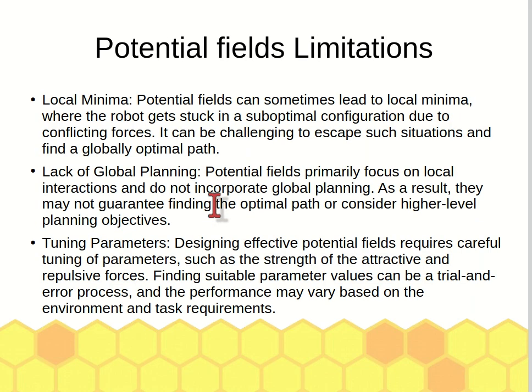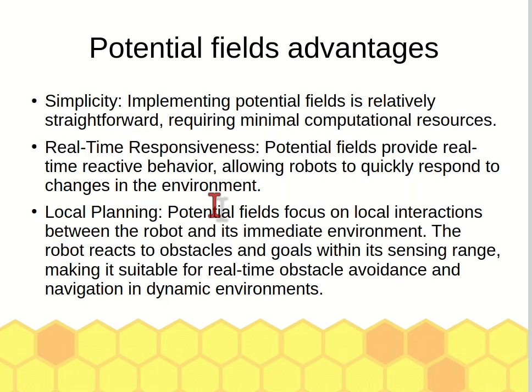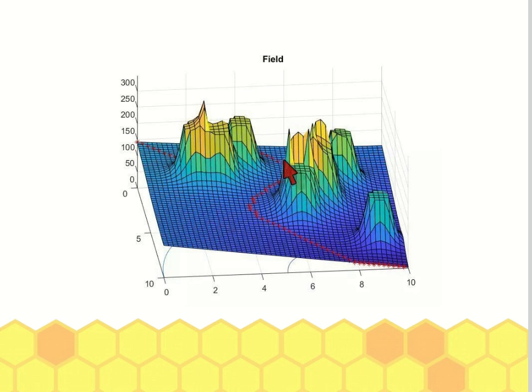The limitation is local minima. Sometimes the robot will get stuck in a local minimum. This happens when not enough gradient is generated. That means there is no gradient over here that the path planning algorithm can follow. So the surface is flat.